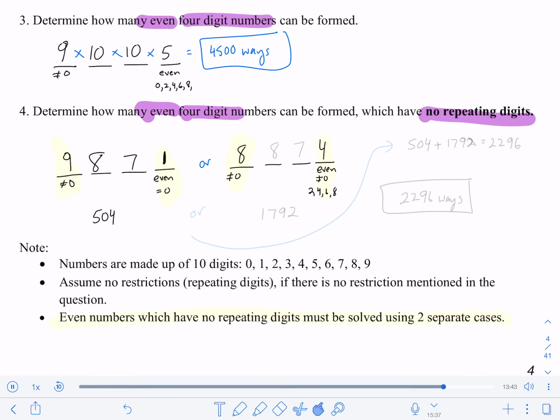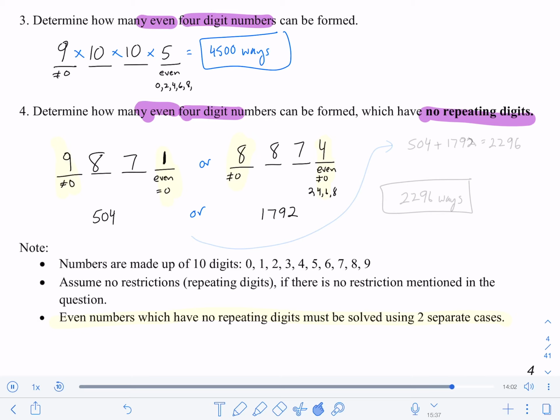So there's only 8 ways. Now I've chosen 2 numbers, so 8 and 7. And so this would be 1,792 with this or word in between.